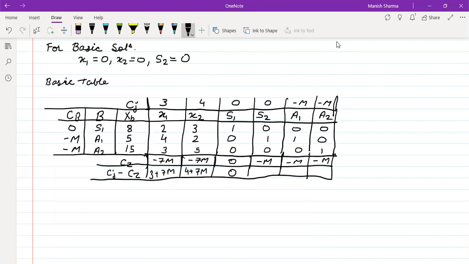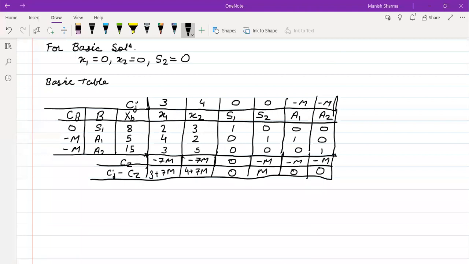This will be equal to 0 minus 0 is 0. Then 0 minus of minus M is plus M. Then minus M minus of minus M will be plus M. So minus M plus M will become 0. Minus M minus of minus M will become 0. Correct? Any doubts up to this point?